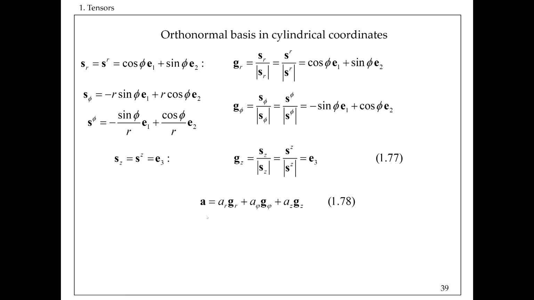This is for a vector, very similar to how we wrote it before in the Cartesian coordinate system, when we had A1, A2, A3, accompanied by E1, E2, and E3.